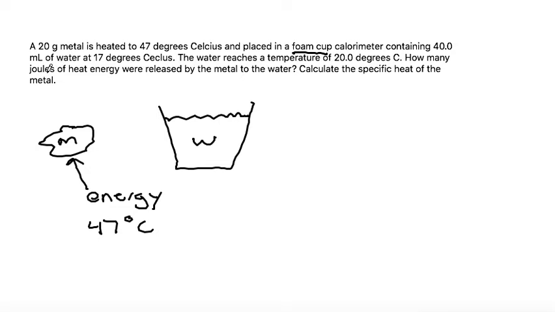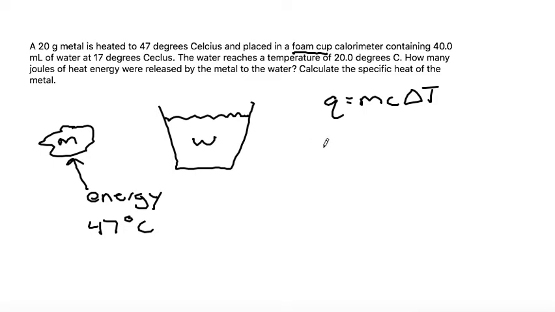So we can calculate the joules of heat energy by using the formula Q is equal to mc delta T. And since we only know the mass of the metal, but we don't know the specific heat of the metal, we can't use the metal information to find the joules of energy. So let's use the water.